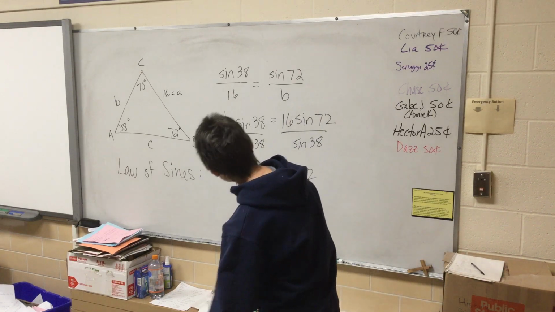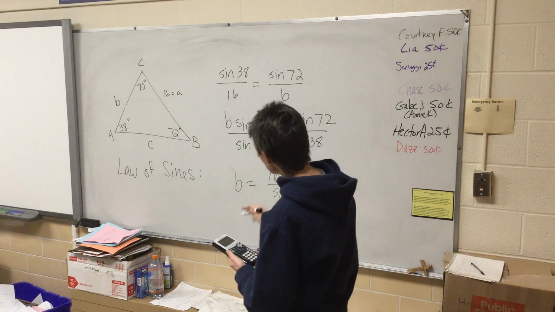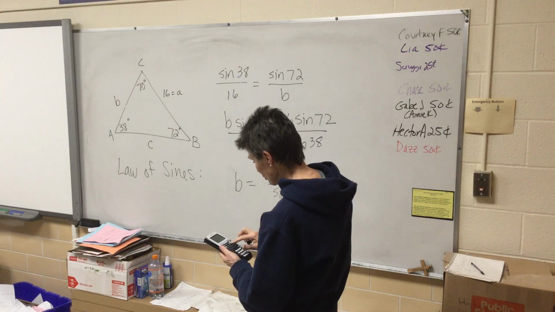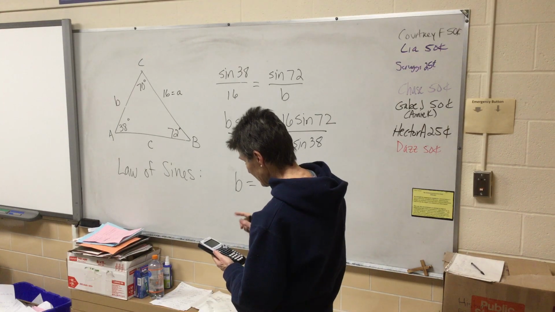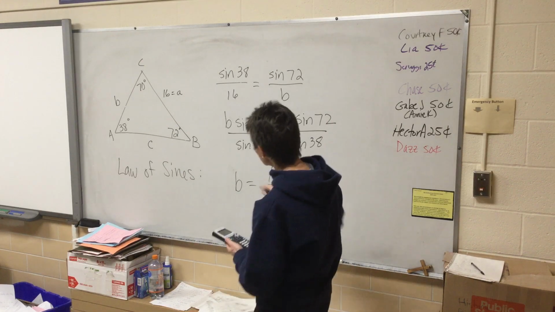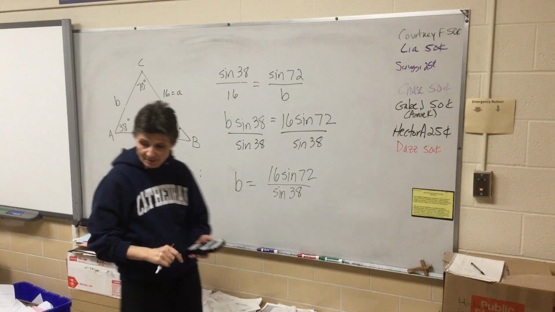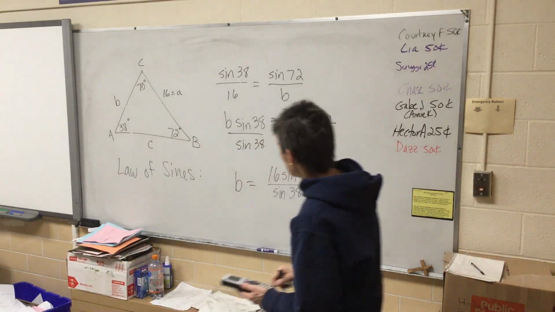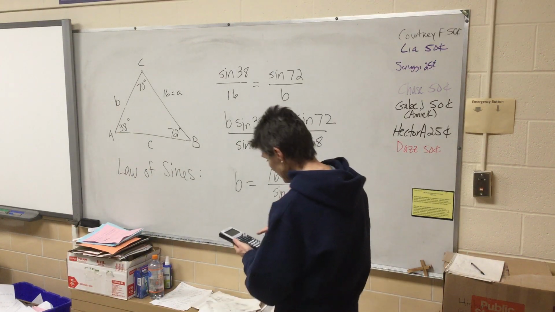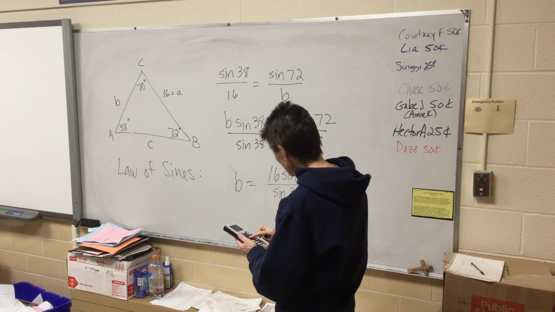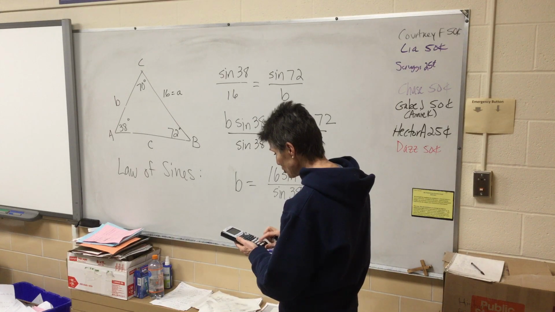So this is where I need my calculator. Make sure you're in degrees. I'm not sure how you're set up. So if you're using a calculator now, make sure you're in degrees. These are all degree problems. We won't be using radians in this chapter. All right, and then I'm going to type in 16 sine 72.